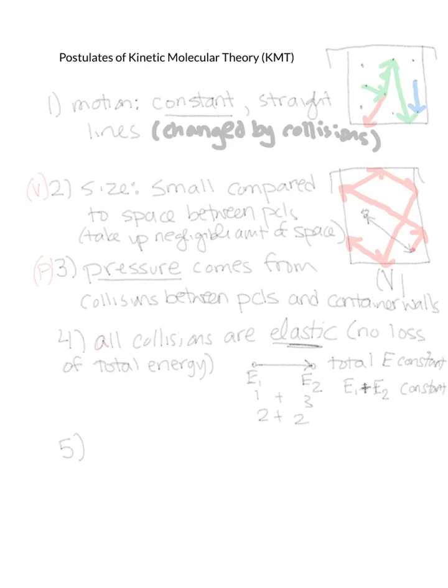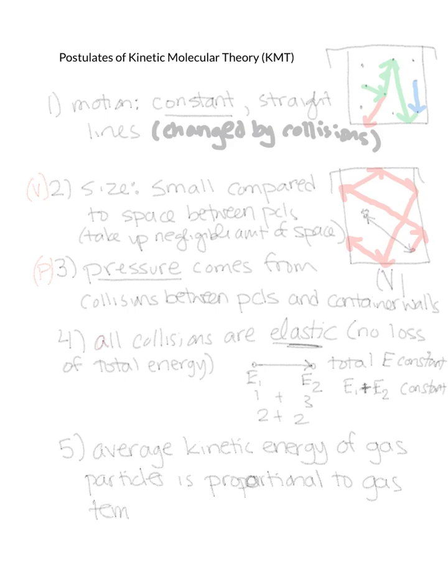The specific postulate on temperature is this: if I know something about the average kinetic energy of my gas particles, it's proportional, and I'll show you what I mean by this in a little bit, to the gas temperature.